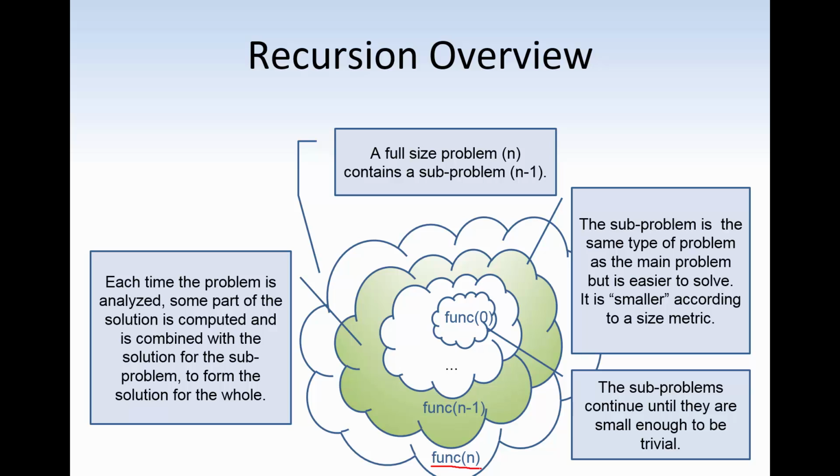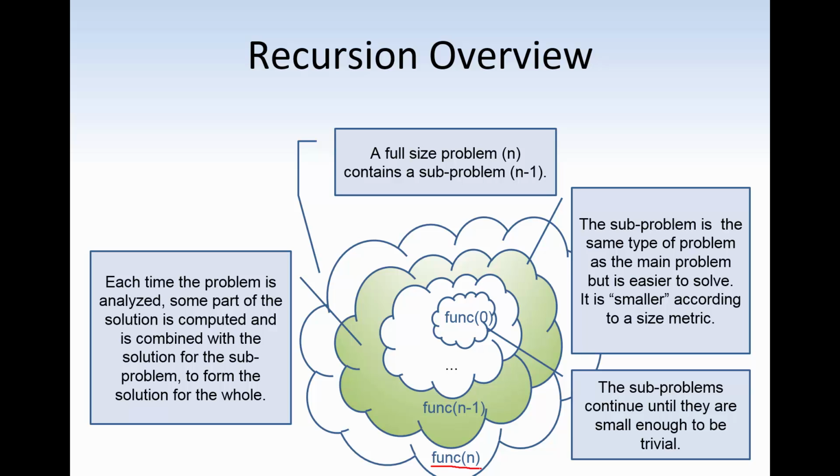Remember we had n minus one factorial. In that previous section, our full-size problem was factorial of n, and our subproblem, the recursive problem, was factorial of n minus one, a slightly simpler factorial. The key is that the inner problem is exactly the same thing as my outer problem.